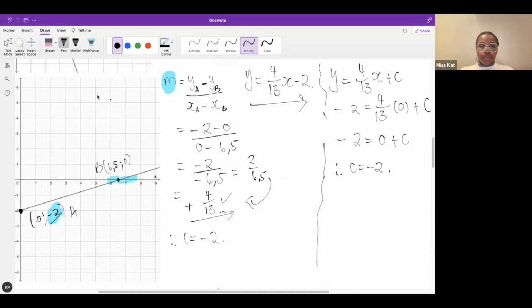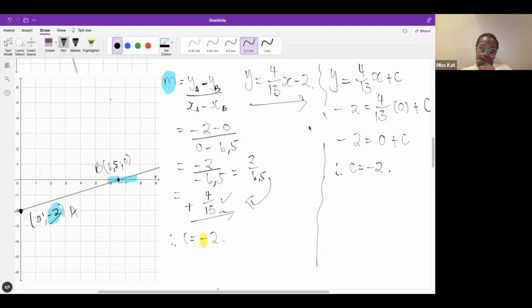I just wanted to make sure because, ma'am, you confused me when you did the formula y equals mx subtract c, which is y equals 4/13x subtract 2. Yeah, but that's only because the gradient was negative. We worked out the gradient to be negative. It's mx plus c.